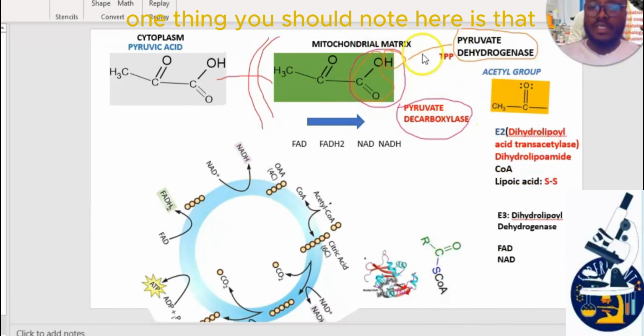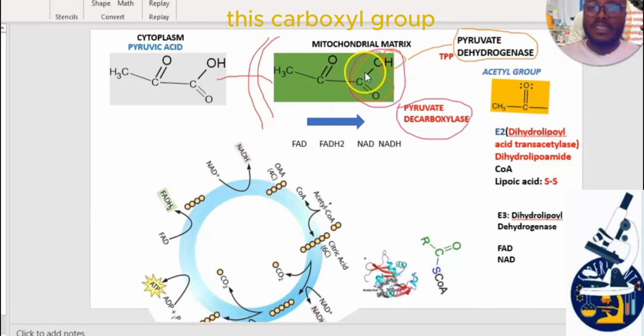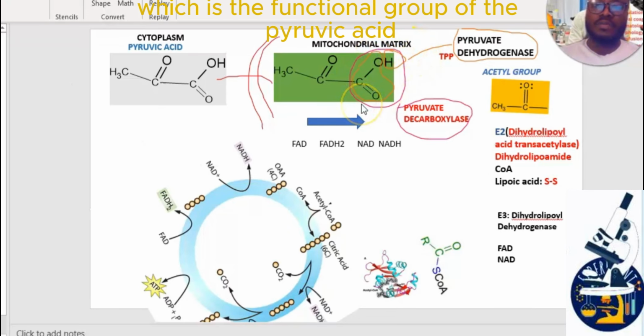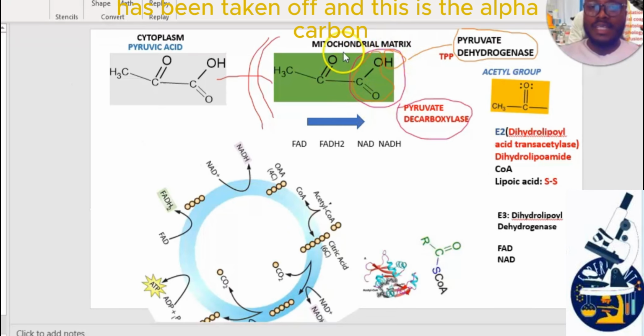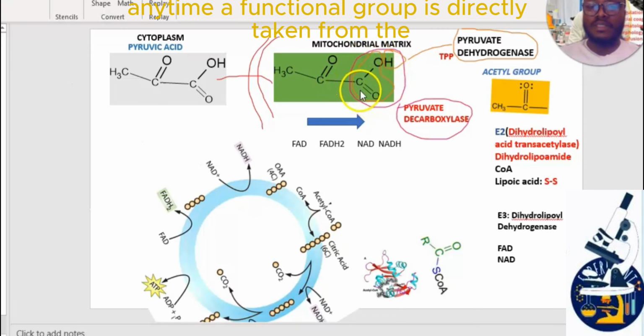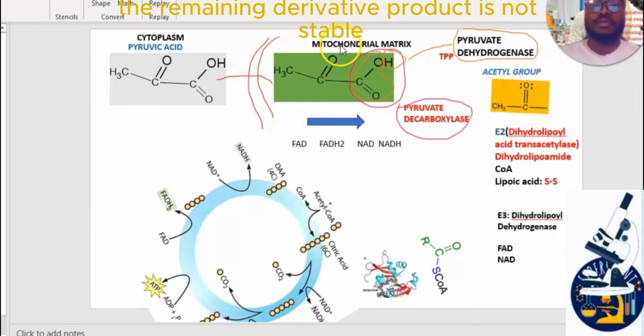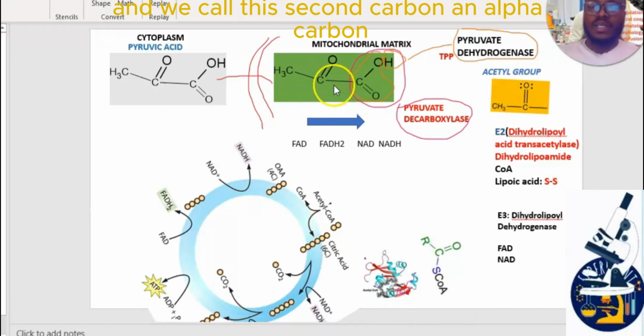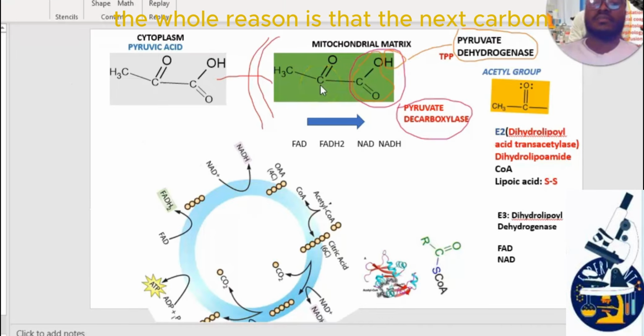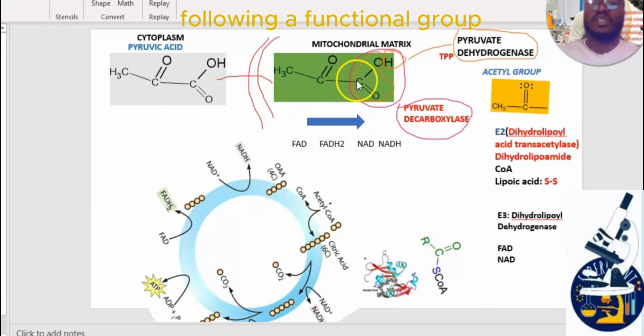One thing you should note here is that this carboxyl group, which is the functional group of the pyruvic acid, has been taken off, and this is the alpha carbon. Anytime a functional group is directly taken from the alpha carbon, the remaining derivative product is not stable, and we call this second carbon an alpha carbon. The whole reason is that the next carbon following a functional group is called the alpha carbon.